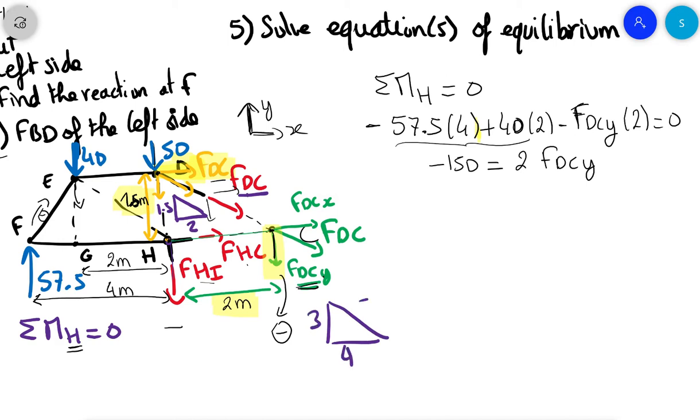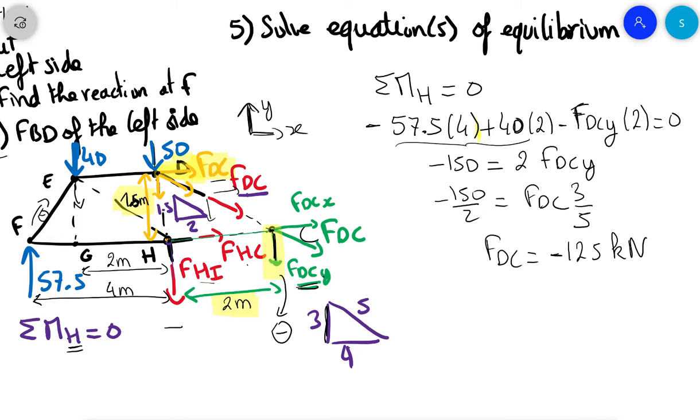So we have minus 150 divided by 2, that is equal to FDC Y component. The Y component is the side parallel to 3, so times 3 divided by 5. So FDC is equal to minus 75 times 5 divided by 3. It's minus 125 kilonewton.